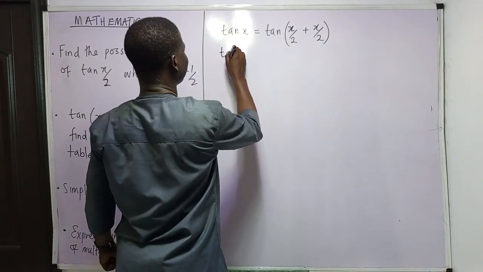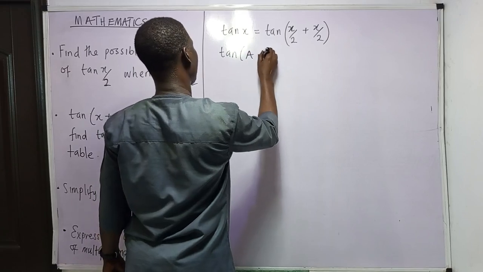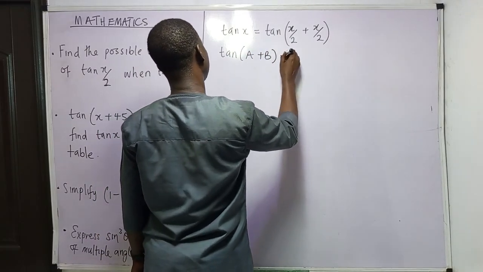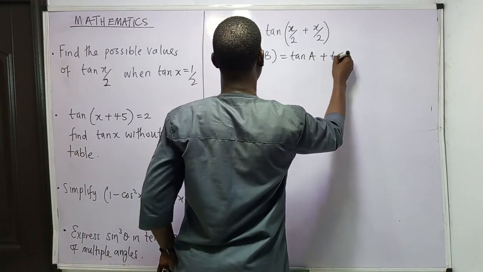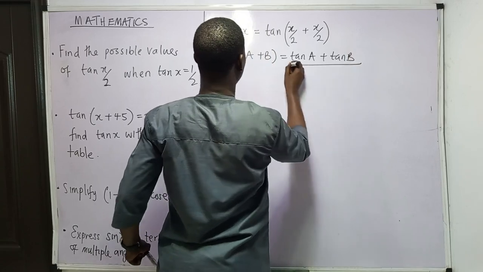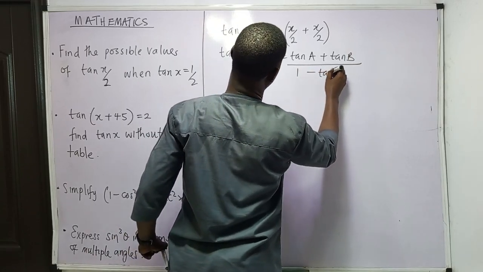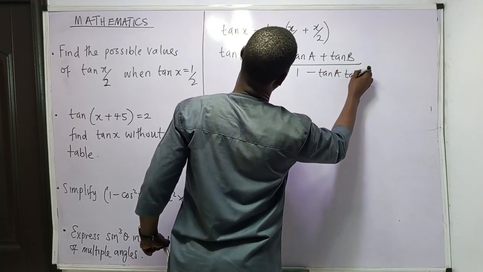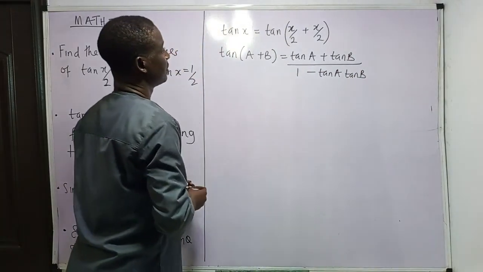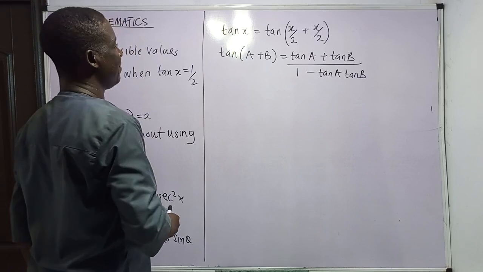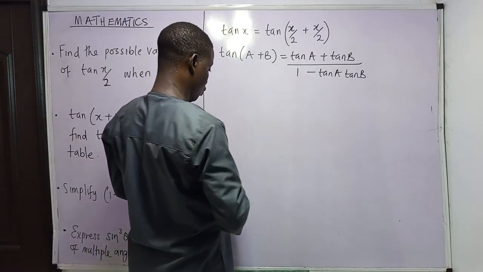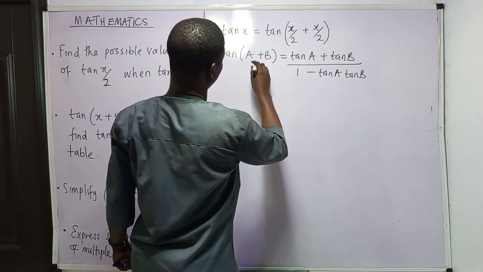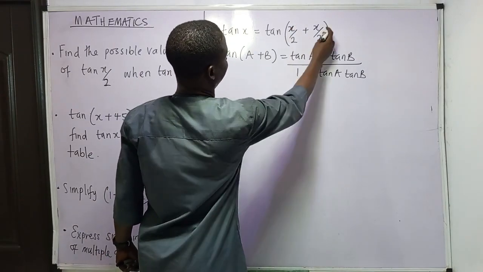But recall that tan of a plus b is equal to tan a plus tan b, all divided by 1 minus tan a tan b. Fortunately, a and b are the same here. So we substitute: a is this, b is this.